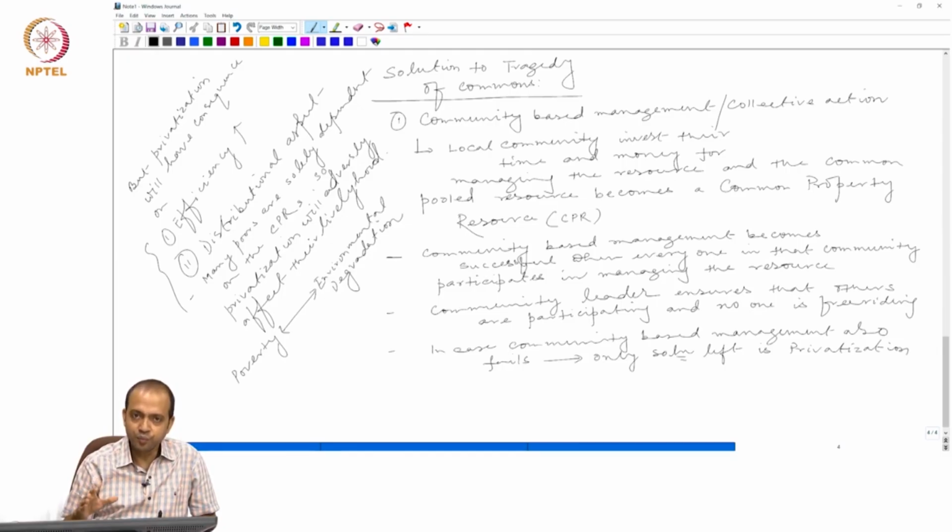Privatization may lead to a situation where the resource becomes efficiently utilized, efficiency may go up, but the distributional aspect, equity, will go down, because many poor are fully dependent on this type of local resources for their livelihood.